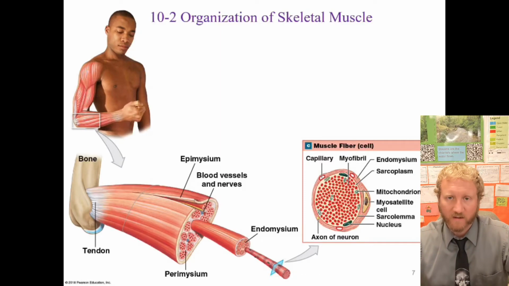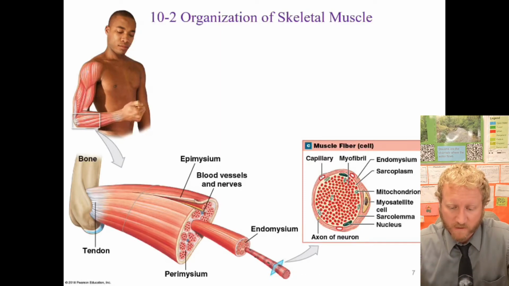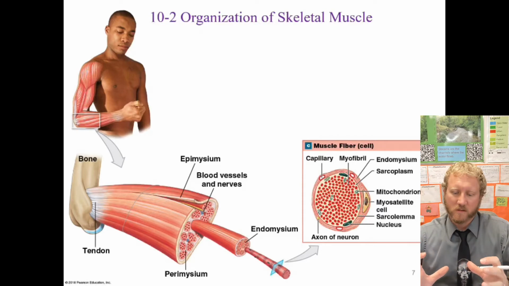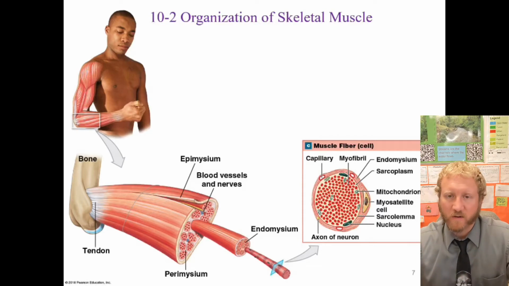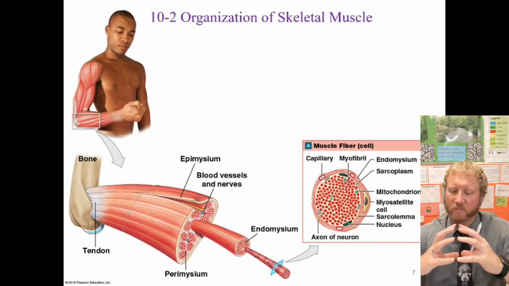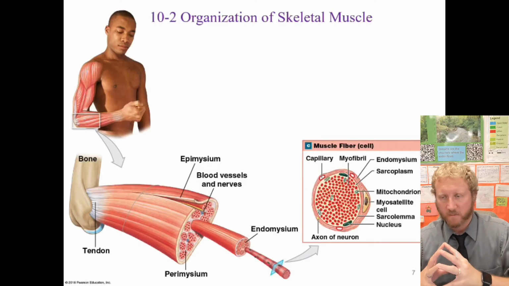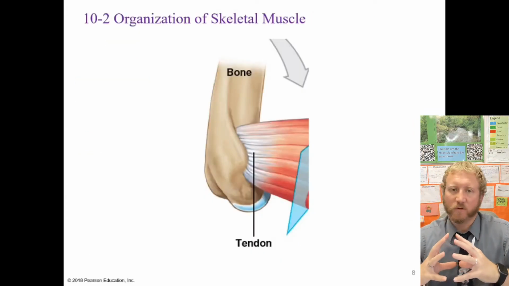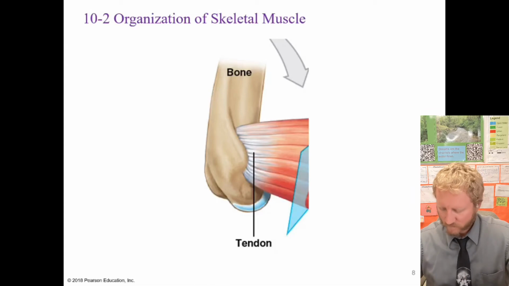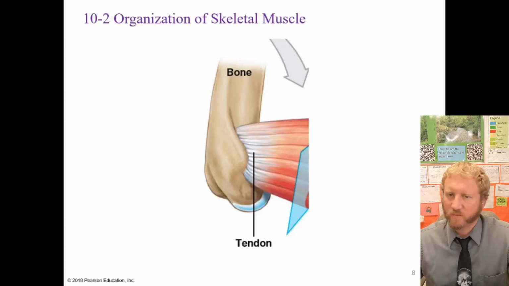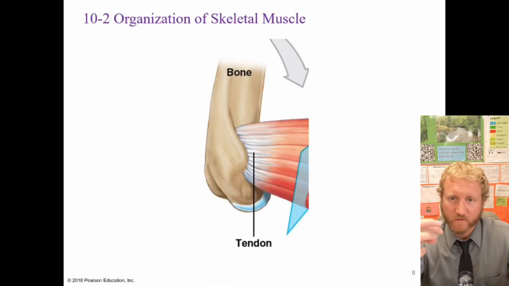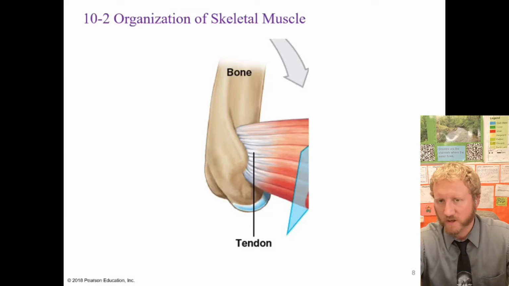So when we're going outside in, epimysium surrounds the muscle. Perimysium surrounds the fascicles, which are the bundles of muscle fibers, and the endomysium surrounds the individual muscle fibers. And then associated with this, the collagen fibers of those three layers can come together in different structures, typically at the end of the muscles.